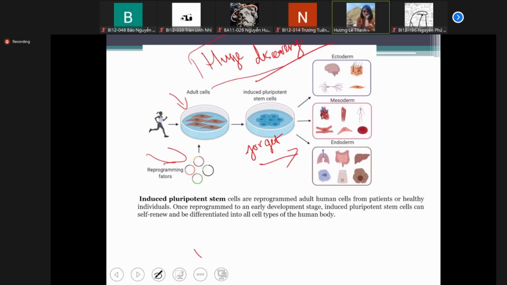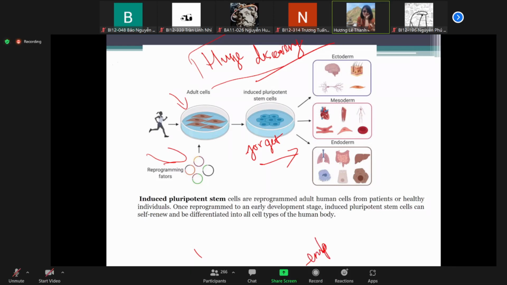In the beginning, when humans discovered stem cells, we only saw them from embryos, and that raised the problem of ethics in science, the bioethical issue.